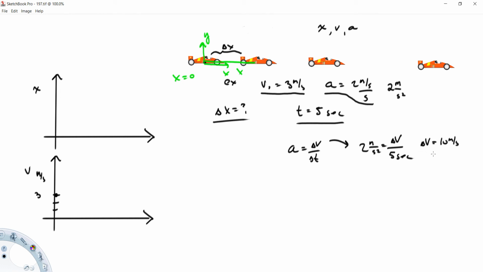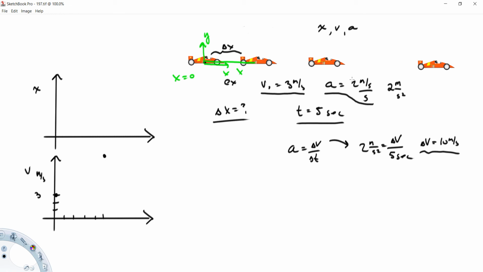Now, this 10 meters per second is not the velocity of the car, that's the change in velocity of the car. The car started at 3 meters per second. So 5 seconds later, the car is now going 13 meters per second. That's up here somewhere. It's not important that we get this exactly right.